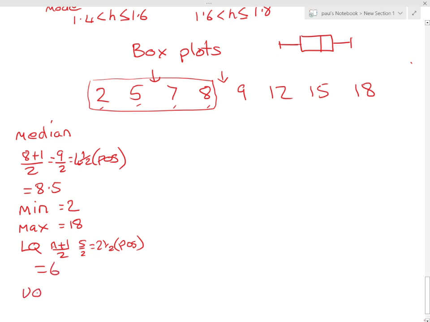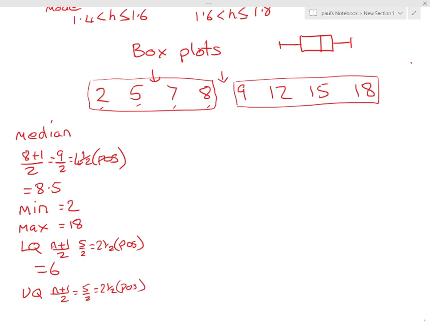And the upper quartile is these. Remember, don't include the median. So again n plus 1 divided by 2 equals 5 divided by 2 equals 2.5, which is the position, in between 12 and 15. 12 plus 15 divided by 2, which is 27 divided by 2. Half of that is 13.5.